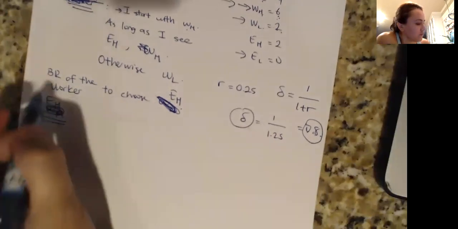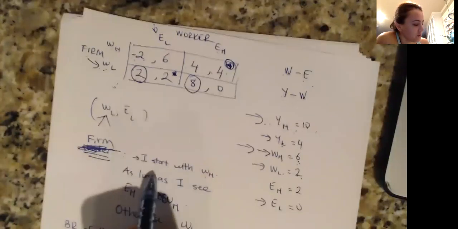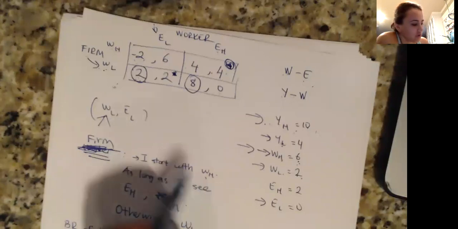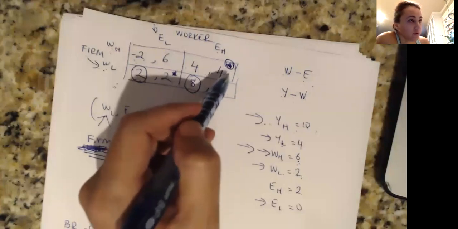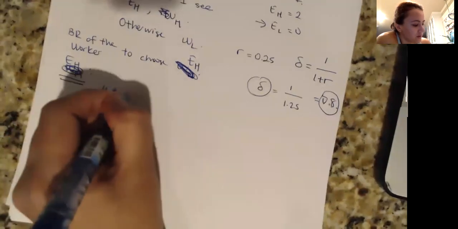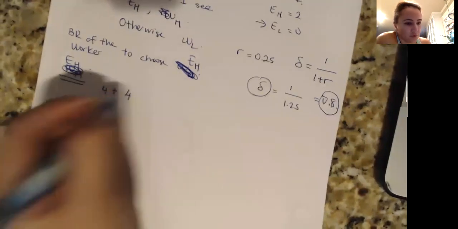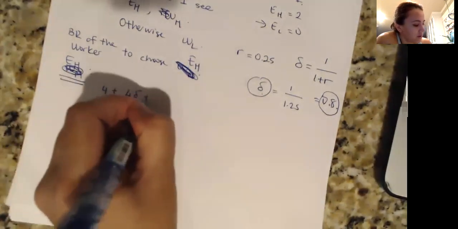So if the worker chooses high effort all the time, and remember the firm started paying WH, each period the worker is going to get 4. So 4 plus, next period is 4 too, but I'm discounting it by delta.